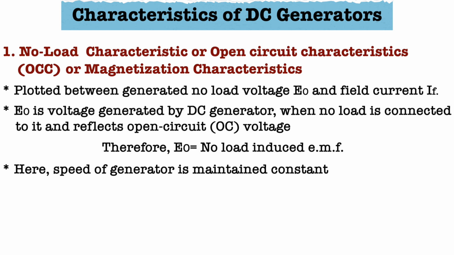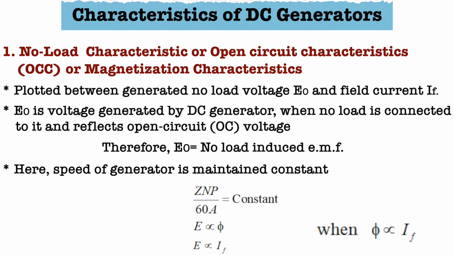We know for a generator E is equal to PNφZ upon 60A, where PNZ upon 60A is equal to constant. So, we can write E proportional to φ, and since φ is proportional to IF, we can also write E proportional to IF.